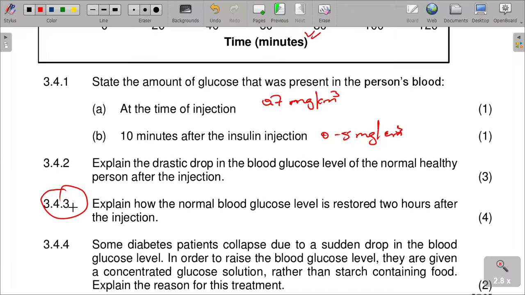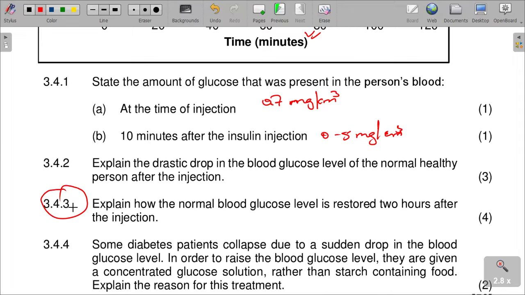In this case, what you need to understand is that when the level of glucose drops below normal, the pancreas cells, or the cells of the islets of Langerhans, are stimulated to secrete more glucagon into the blood, which causes the muscles and liver to convert stored glycogen into glucose.